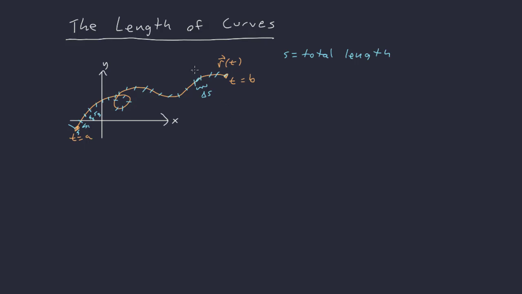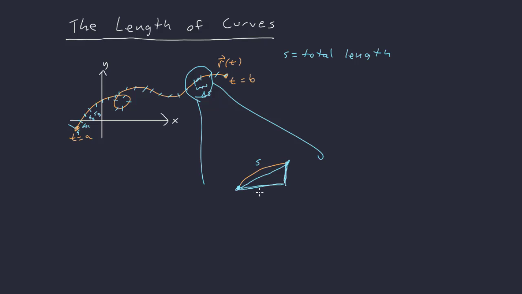Anyway, if we zoom in on one of these, right, and get a closer look, what I'm going to do is, let's say S is this actual length here. Okay. I'm going to create a little right triangle.